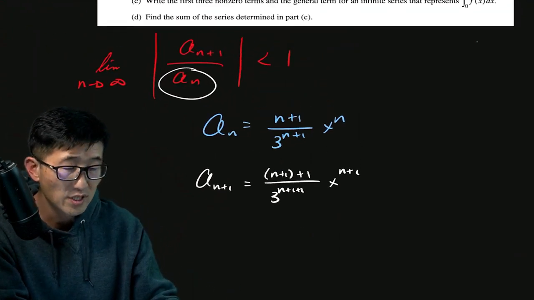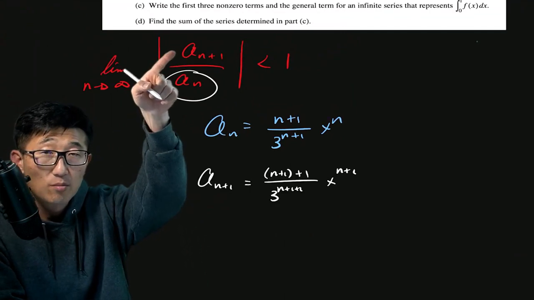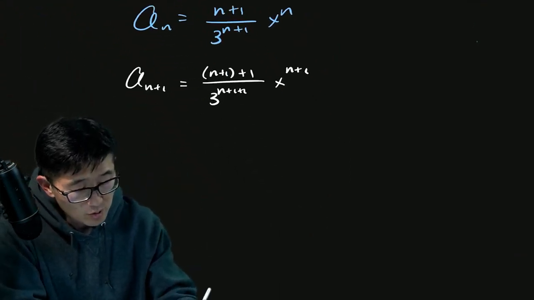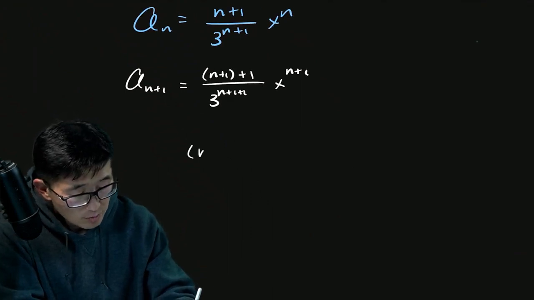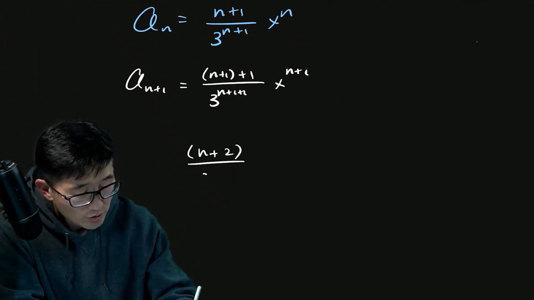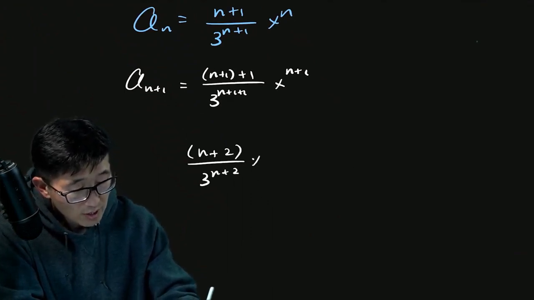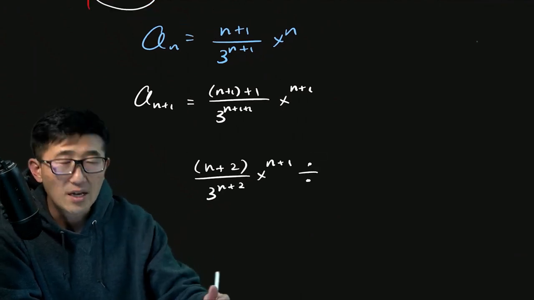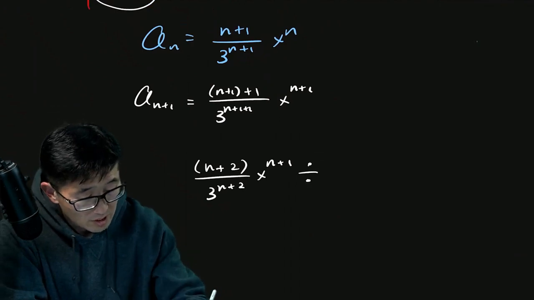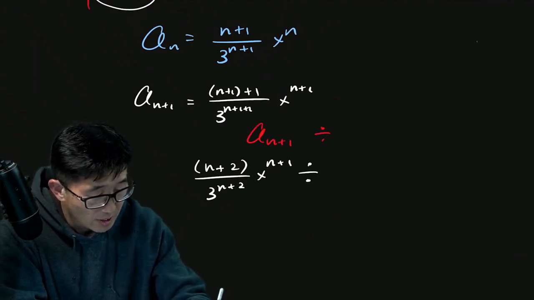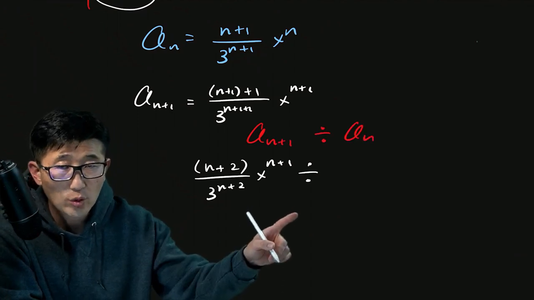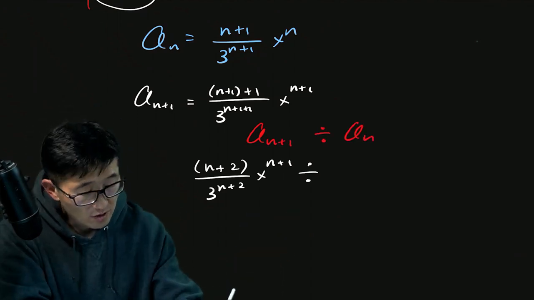And then you need to put it in ratio form, a_{n+1} on top, a_n on the bottom, and do the math. So I'm going to put this on the top: (n plus 2) over 3^(n+2), x^(n+1). And I'm going to divide this by a_n. This would be technically a_{n+1} divided by a_n. The reason I'm doing it this way is so that I can just flip it for you.